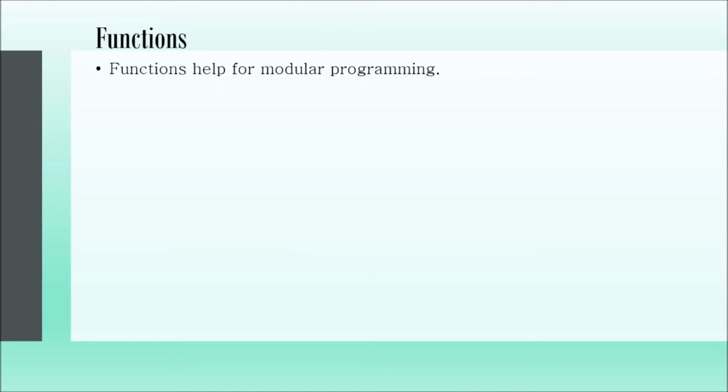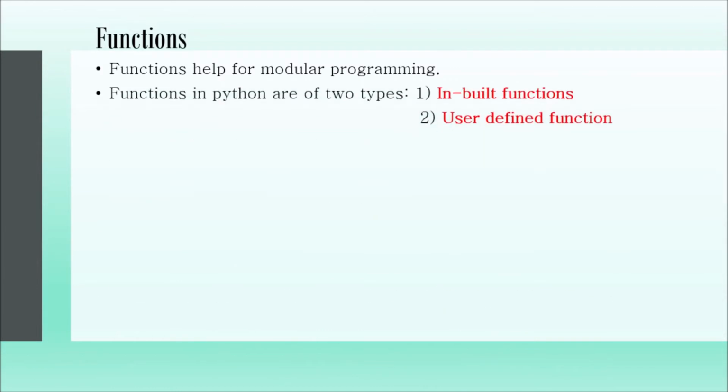In any language, like C, Python, or Java, functions are mostly of two types. One is inbuilt function and the other is user defined function. For inbuilt functions, the code is already written in the language, and you just have to call that function. That is called an inbuilt function.